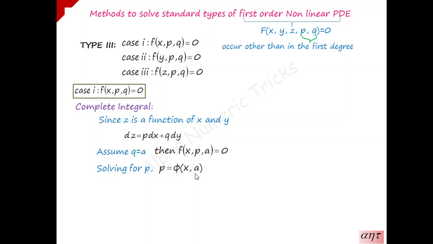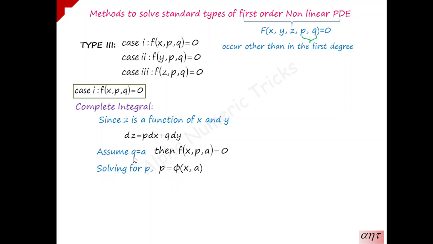Then you get the value of p, which is equal to phi of x, a. Why we are using a different function phi, not f here, is that when you take the other terms, that is x and a, to your right hand side, you get a different equation. That's why we are not using the same function, we are using a different function phi here.